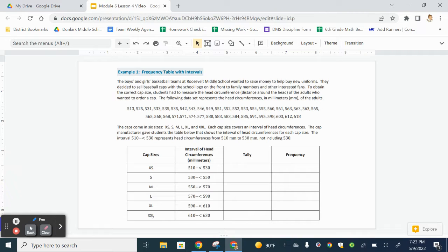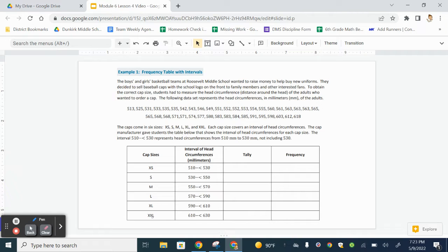The interval 510, that line is not a negative sign. It shows like the distance to something else. So it says 510 to less than 530 represents the head circumference from 510 millimeters to 530 millimeters, not including 530, because it's kind of like that less than or equal to type thing.